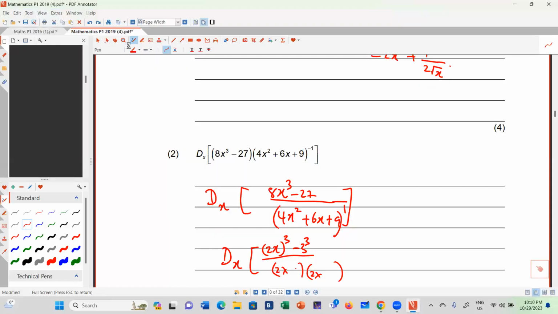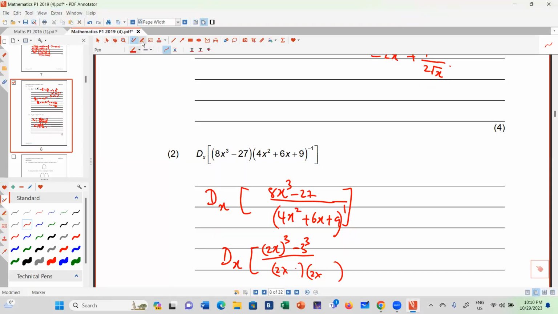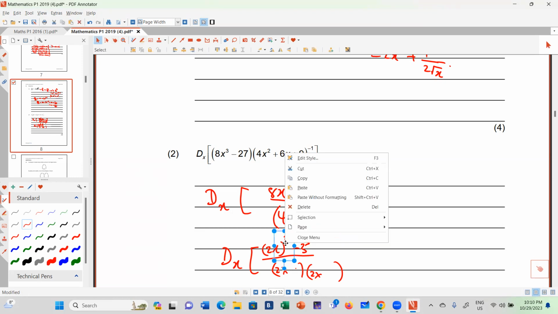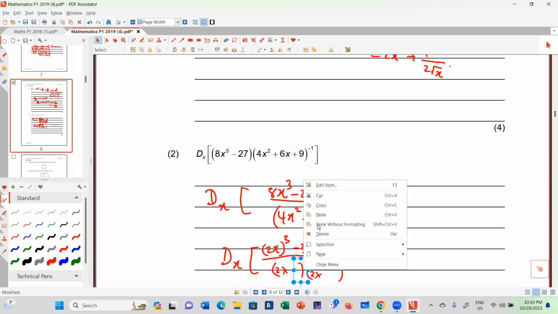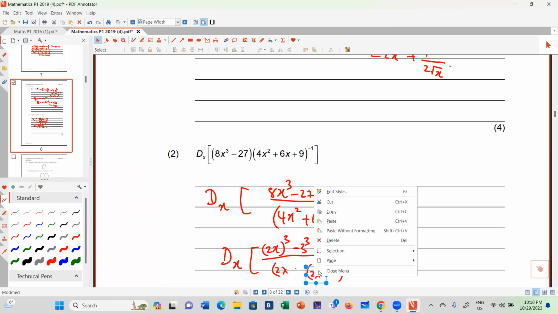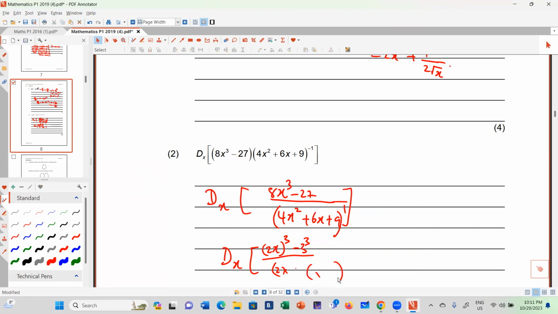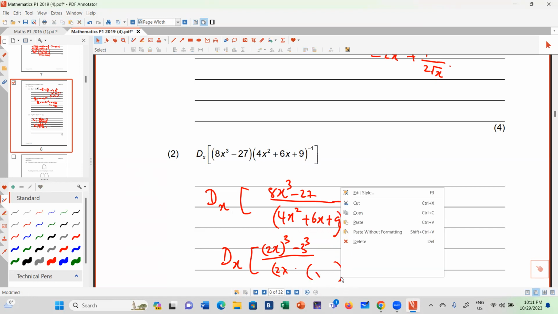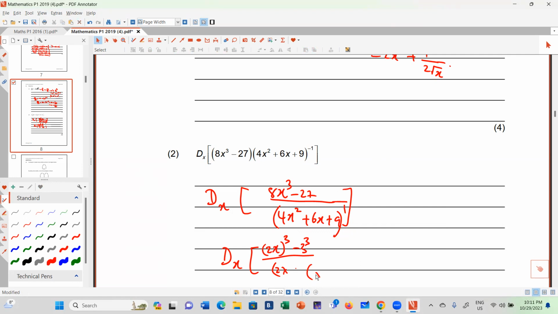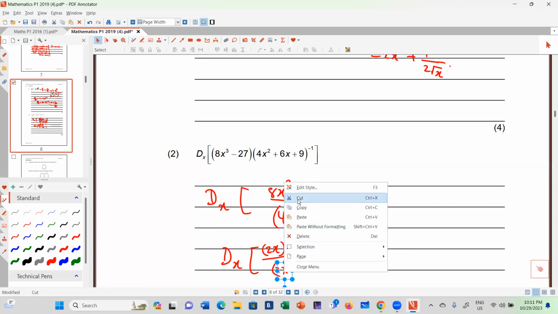Let me bring my tool. Let me just erase this quickly. Let me erase the denominator. We cut this one, cut this one.